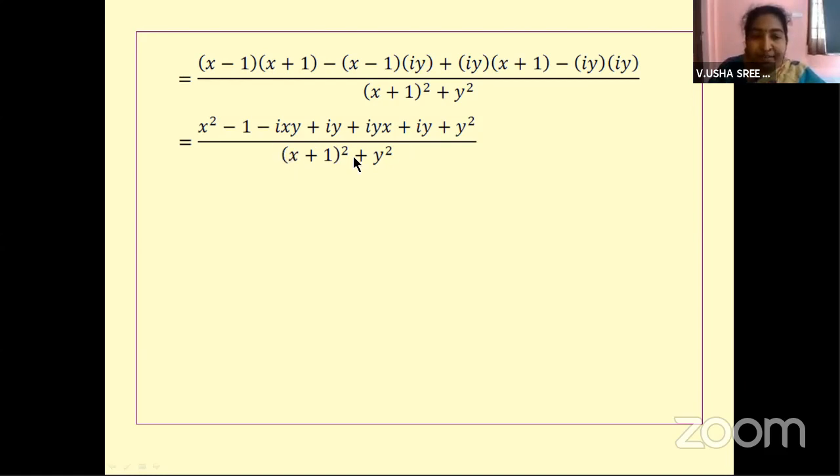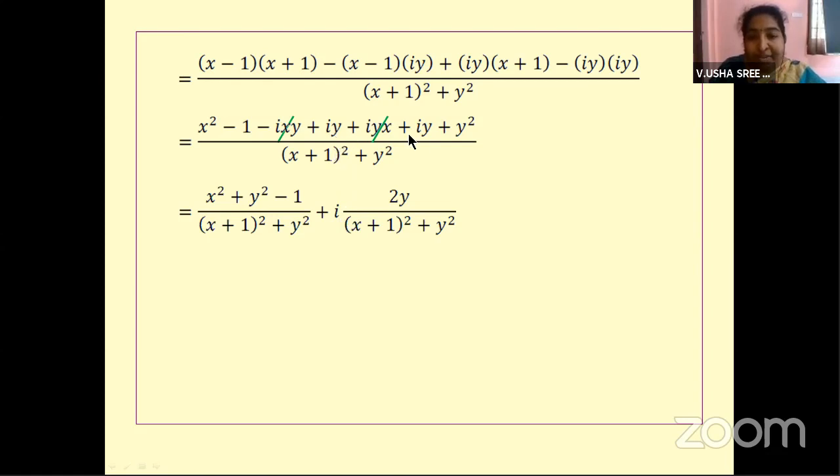Now, we'll see whether any terms are getting cancelled. Clearly, the xy terms with i get cancelled. So you are left with x square plus y square minus 1. This comes under the real part. I'm separating the denominator also, with this plus i into (iy plus iy is 2iy). So i is out. So 2y divided by (x plus 1) whole square plus y square.